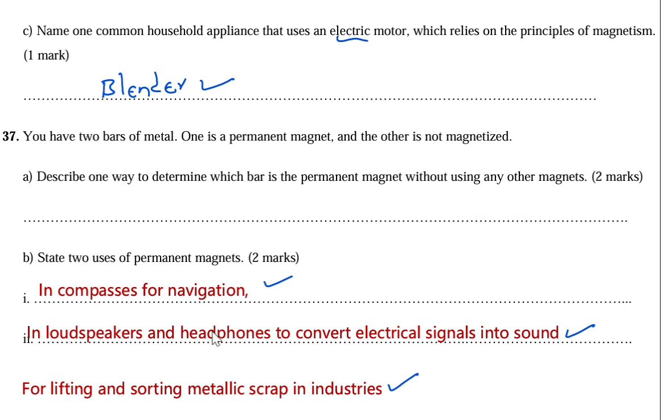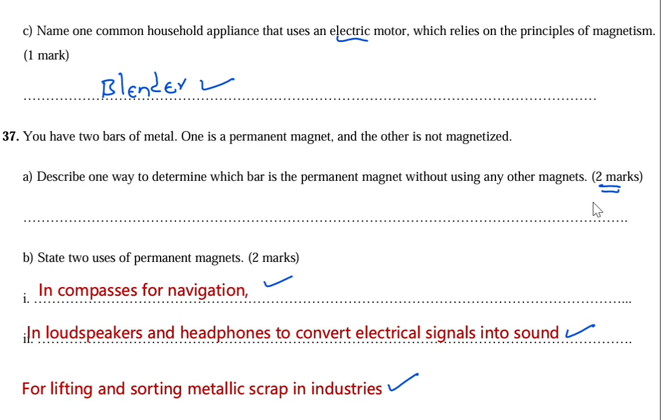Those are the uses of permanent magnets. Describe one way to determine which bar is the permanent magnet without using any other magnet. Because this space is very limited, I'm going to pin the solution to part A in the comment section so you can go through it.